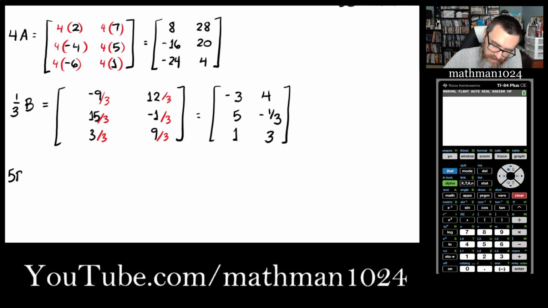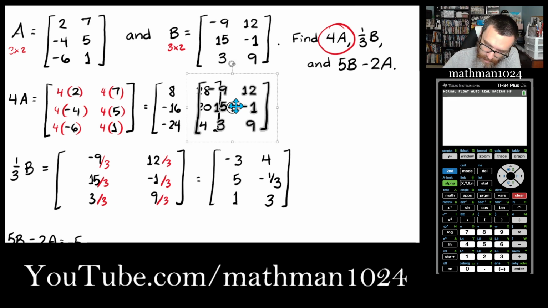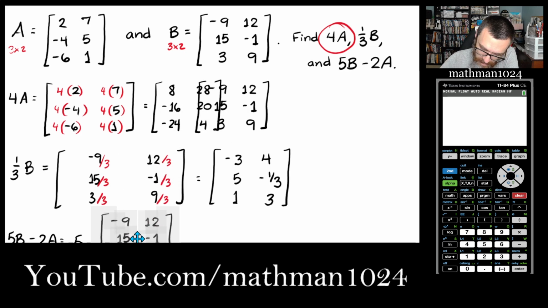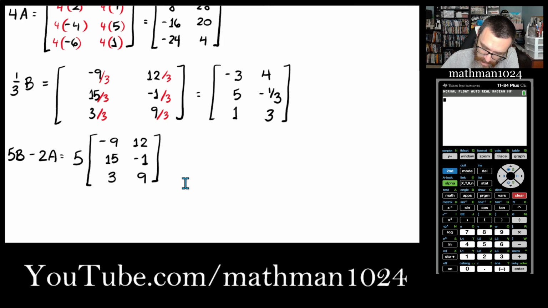So 5b minus 2a means 5 times b. I'm just going to copy this guy right here. So copy, and we're going to move him to be right there.